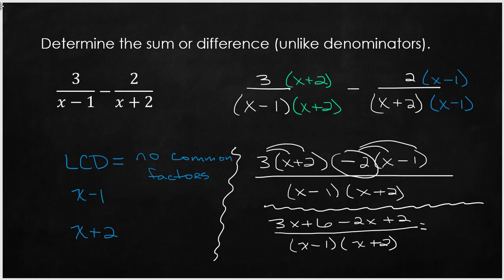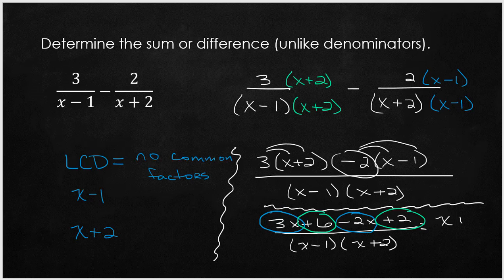In the numerator, we're going to simplify, combining our like terms. So we have 3x minus 2x is just x. And then we have plus 6 plus 2.